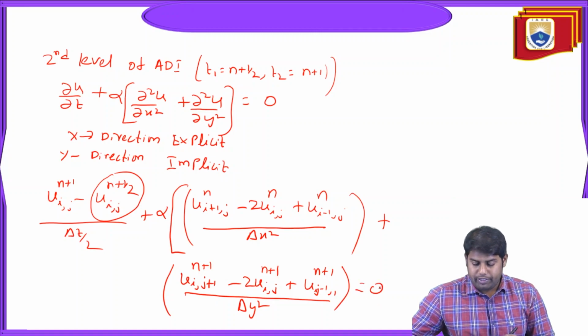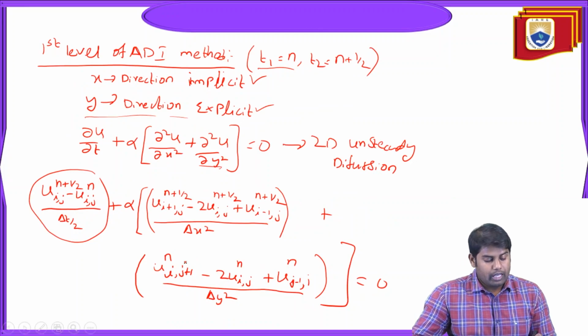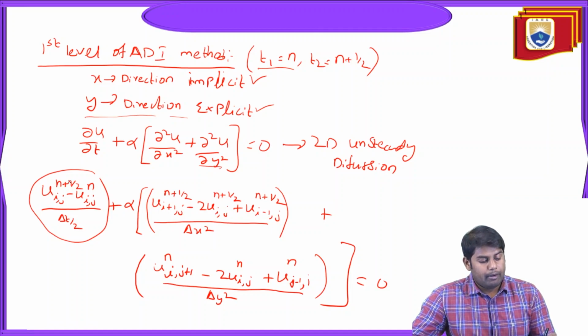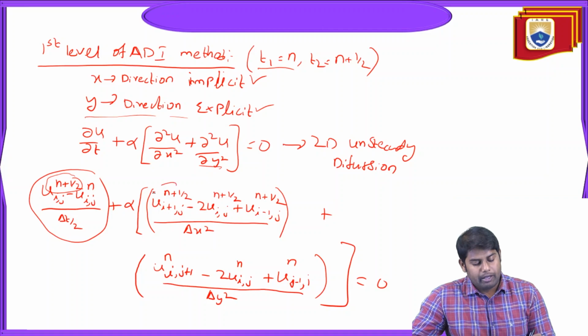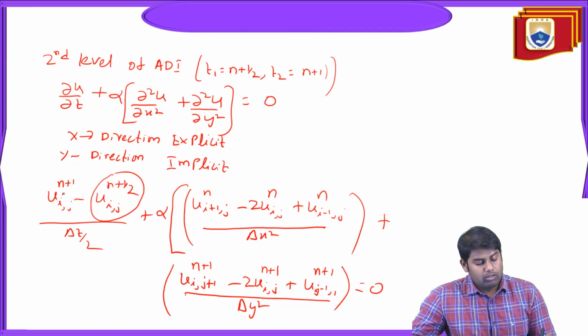So here in the previous equation, this is n plus half, and here you can see it is n plus half. The n plus half is the unknown time level in the first level. In the second level, the n plus 1 is the unknown time level.